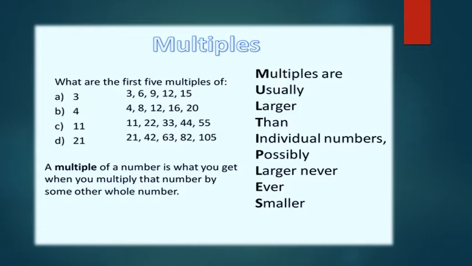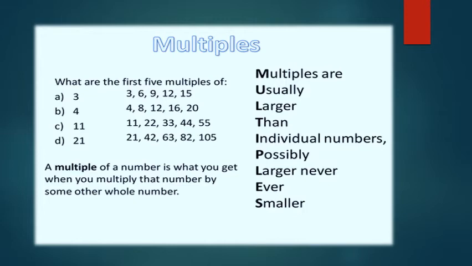What are the first 5 multiples of the number 4? 4, 8, 12, 16, and 20. And the first 5 multiples of 11 are 11, 22, 33, 44, and 55.